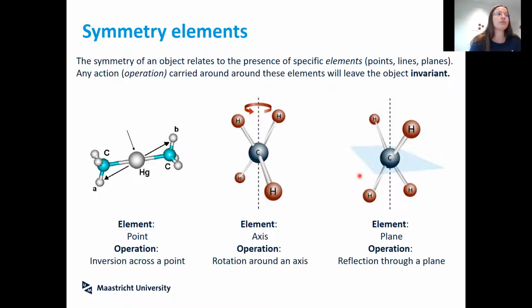Or you can have a whole plane, so everything on a whole 2D surface gets the operation applied. Usually the operation that you apply across a plane is a reflection. So for instance, here you reflect from one point to another across the plane.